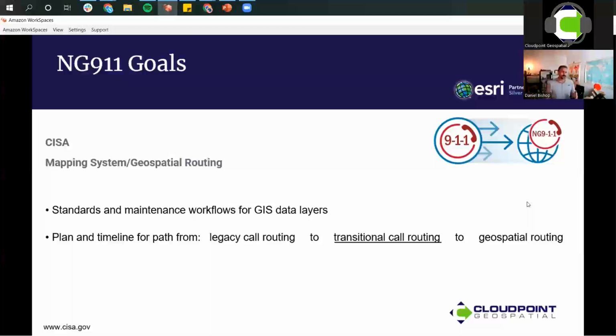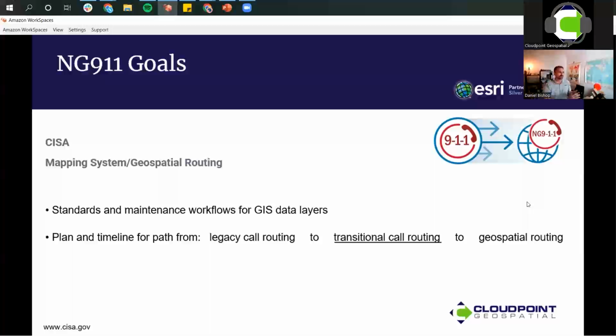CISA also discusses what the goals of NG911 are for GIS. That's really to provide standards and maintenance workflows for GIS data sets. Currently, we can look at E911 as the Wild West.